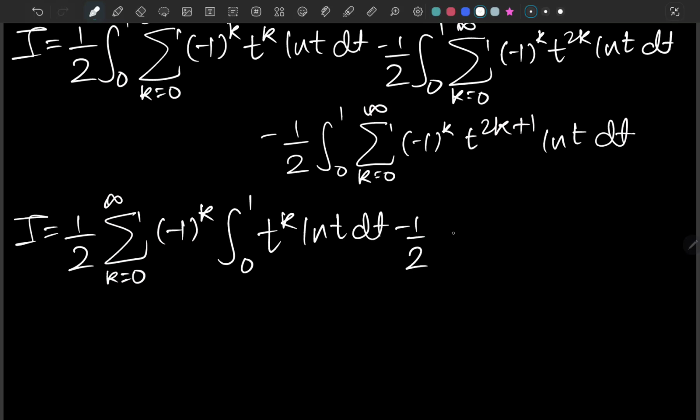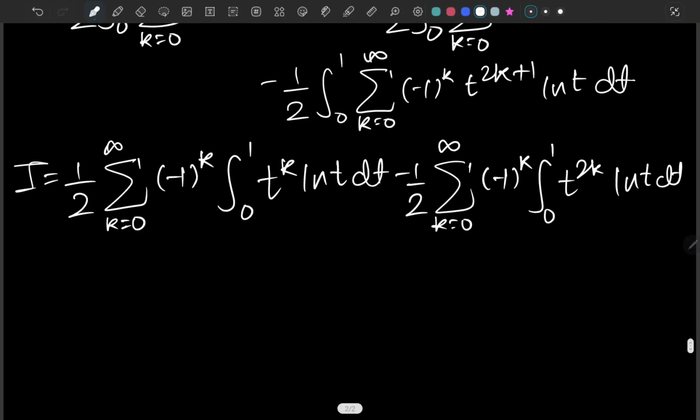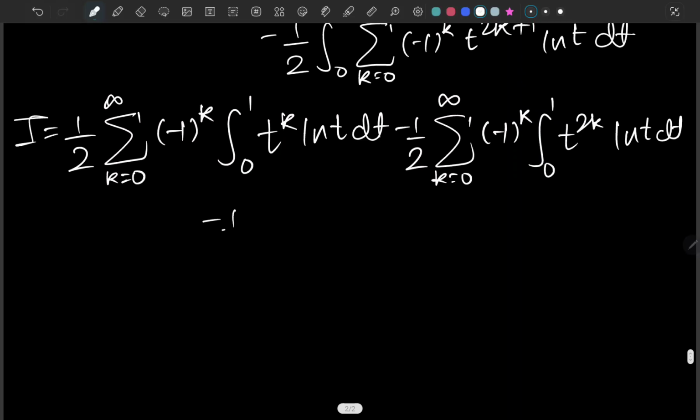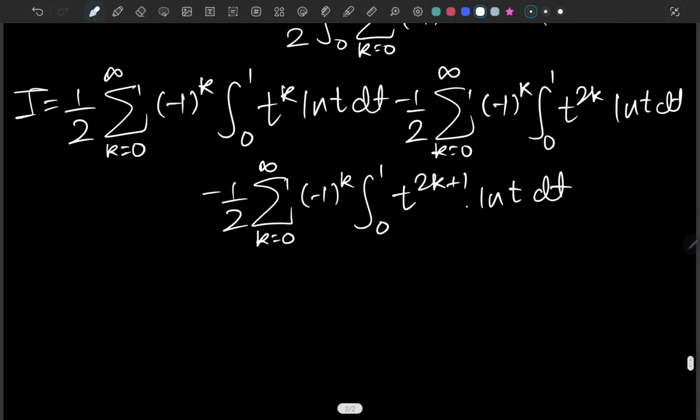Next, 1 over 2 the sum as k goes from 0 to infinity of negative 1 to the k integral from 0 to 1 t to the 2k ln t dt. Fine. Okay, next, 1 over 2 the sum as k goes from 0 to infinity of negative 1 to the k integral from 0 to 1 of t to the 2k plus 1 times ln t dt. Okay, so finally we are having this kind of thing here.